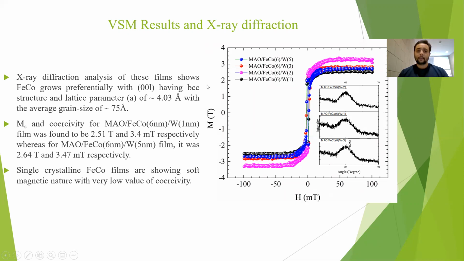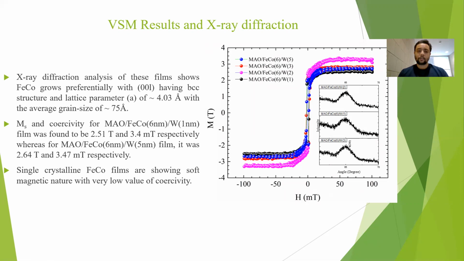So X-ray diffraction analysis of this film shows that iron cobalt grows preferentially with a BCC structure, and the lattice parameter of this iron cobalt was found to be 4.03 Angstrom, with average grain size found to be 75 Angstrom.